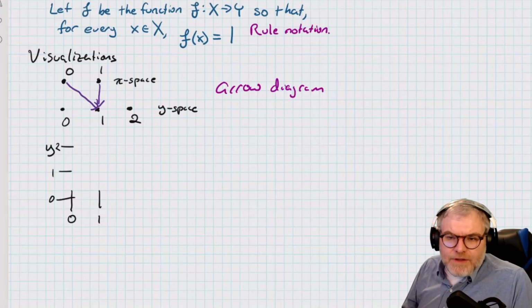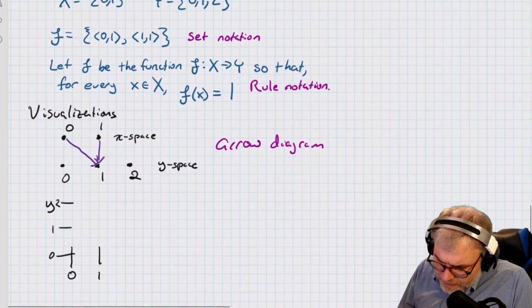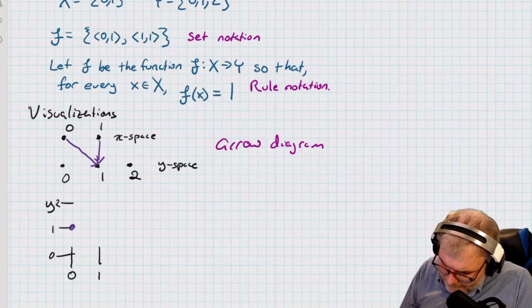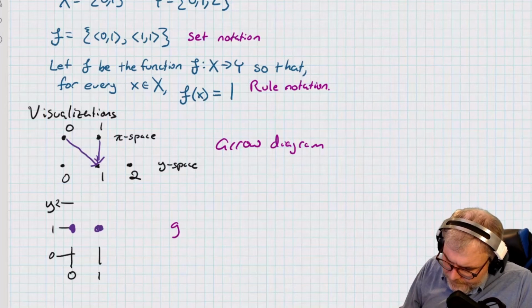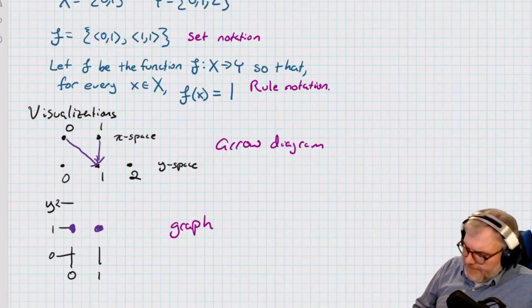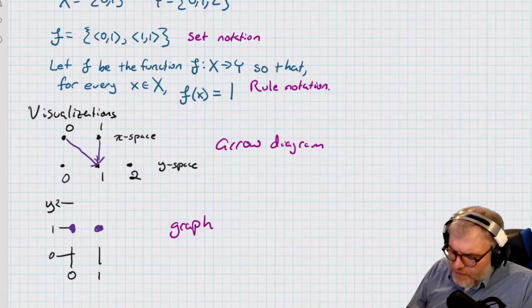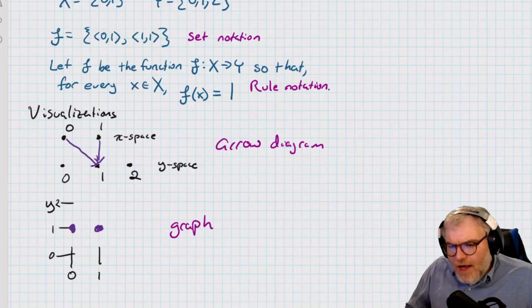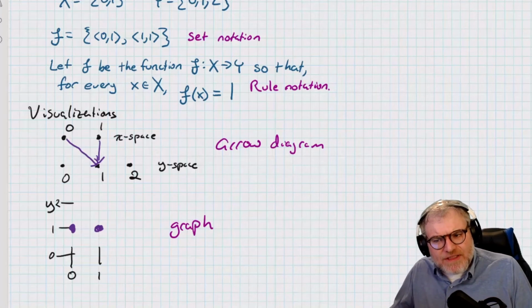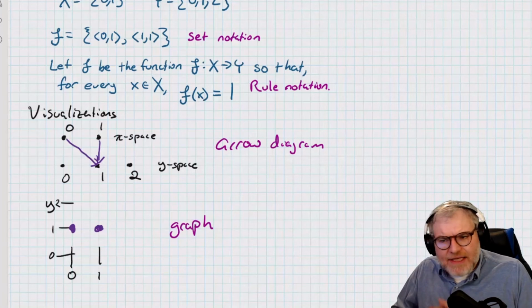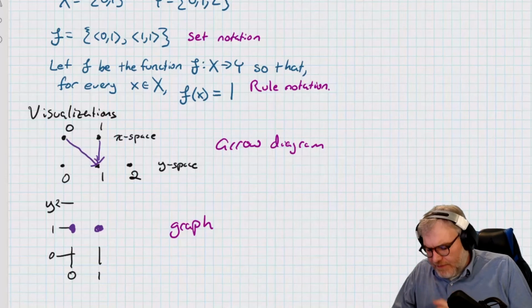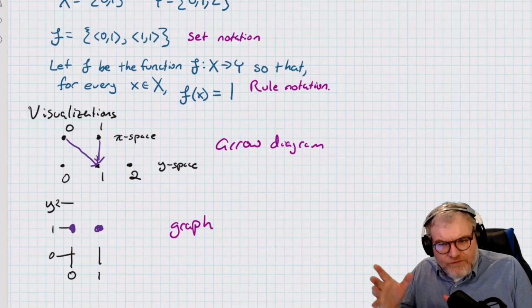Here I'm just going to draw the function. The function is the points (0, 1) and (1, 1). These are two ways of visualizing it. A lot of times you want to use different visualization tools. When we talk about limits, we're going to use arrow diagrams a lot because they illustrate what we're doing with the limit a little bit better. But graphs work fine too.